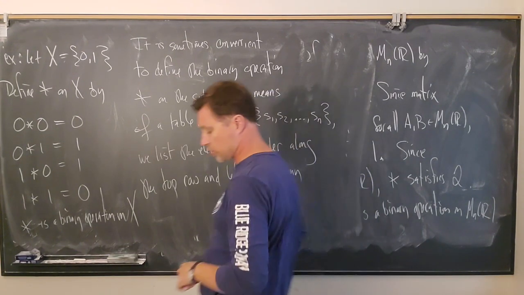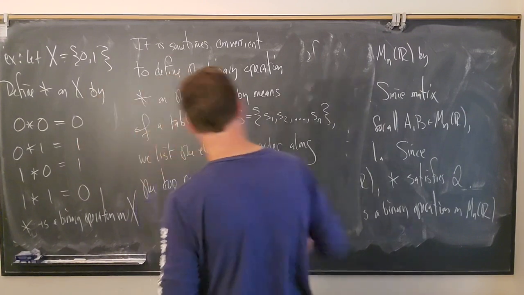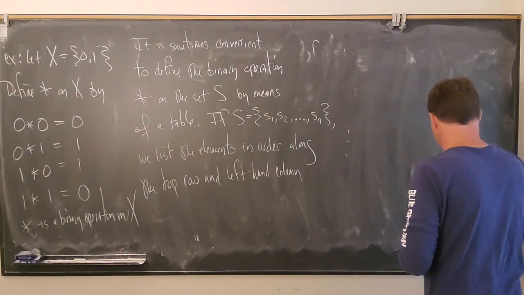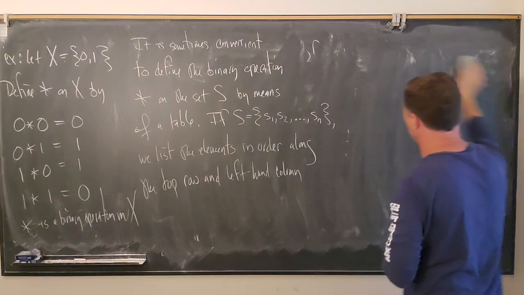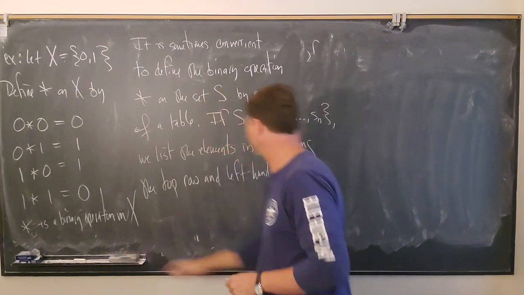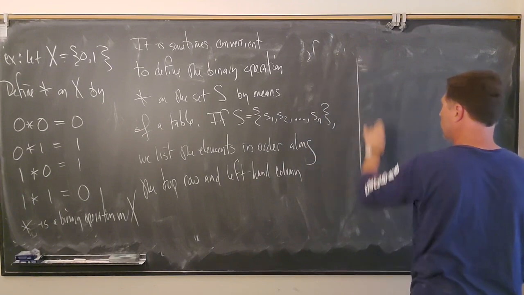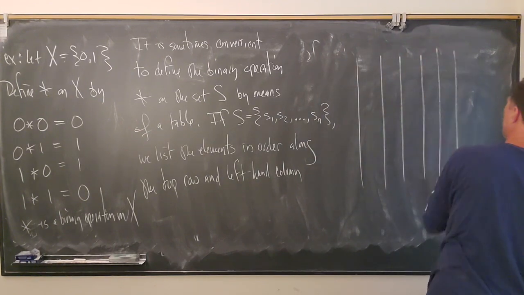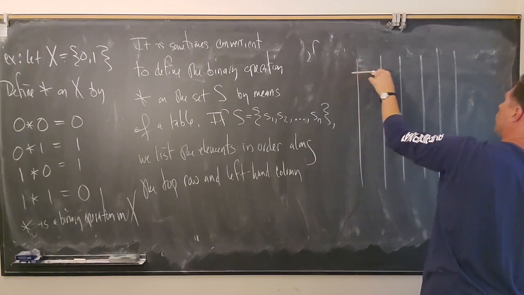So let me draw the picture of what I'm saying here. I'm going to draw my table like this. This is a diagram that's going to tell us how a particular binary operation works.